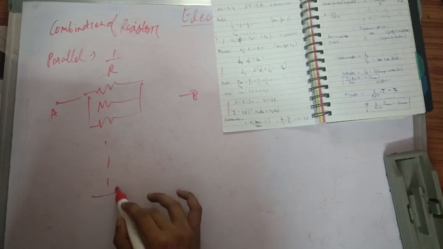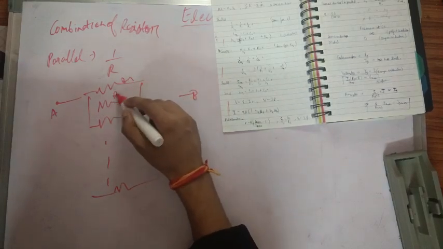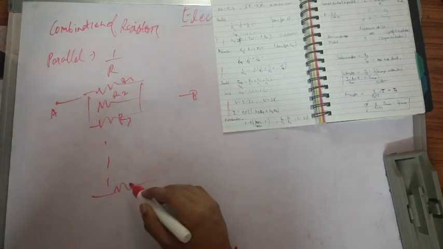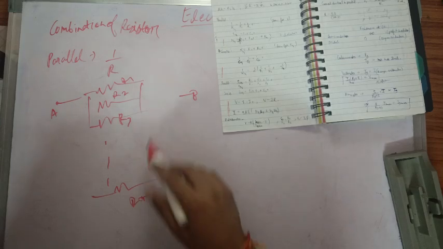This is R1, this is R2, this is R3, and this is Rn. Then all these are parallelly connected.